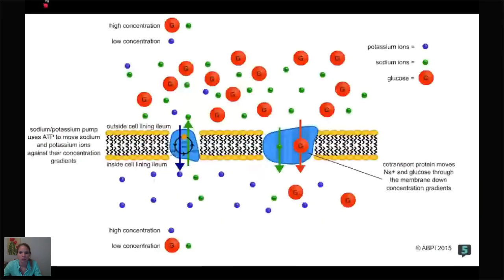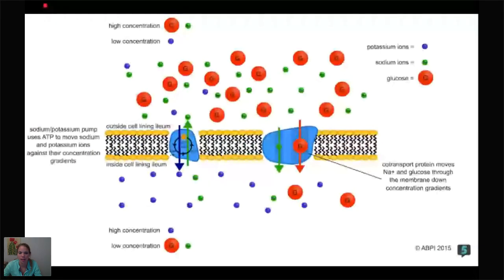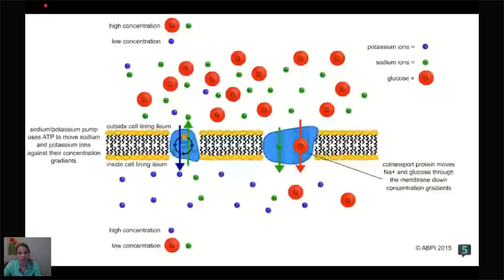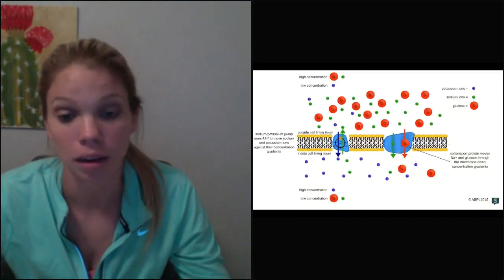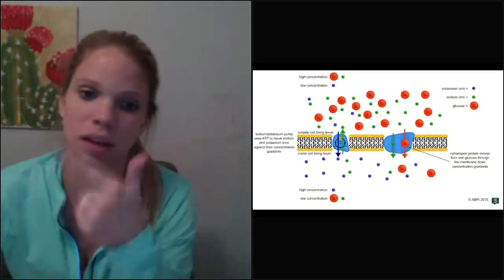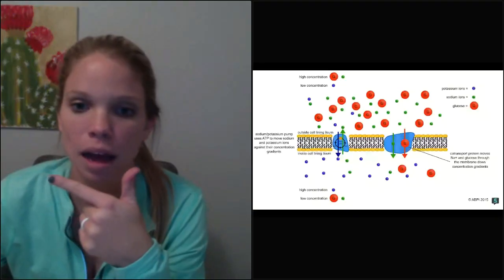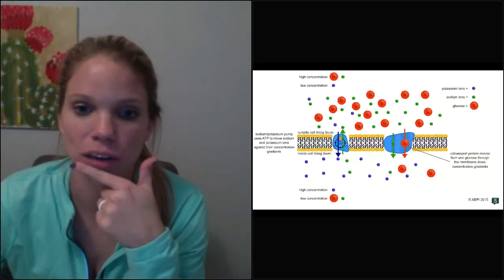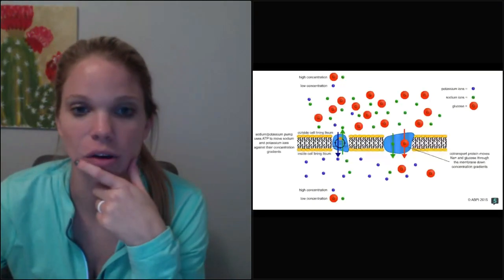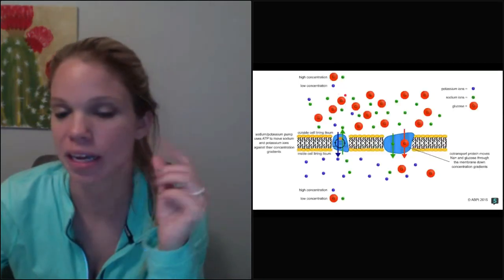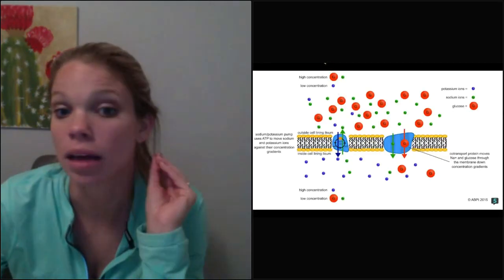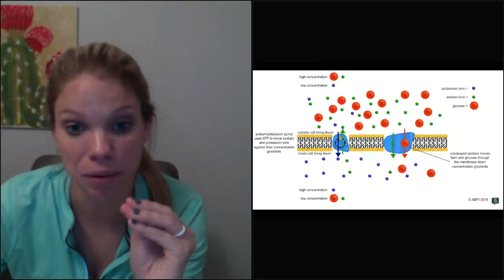So let's talk a little bit about how stuff is actually going to get in and out of this membrane. Got a lot of molecules in this picture. One thing I really want to stress is, again, it's all about the polarity. If these things are polar, they will not pass through the membrane.